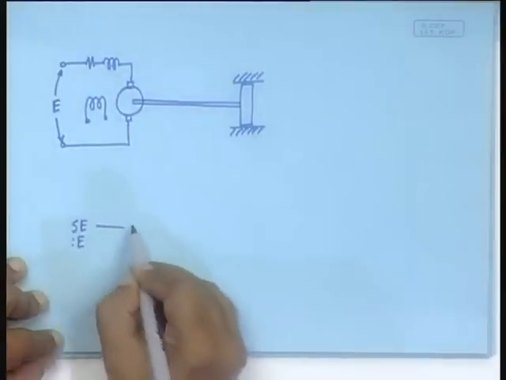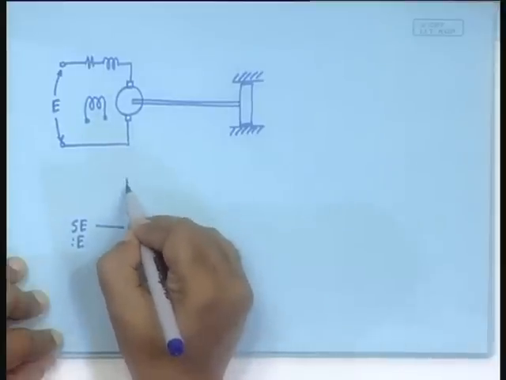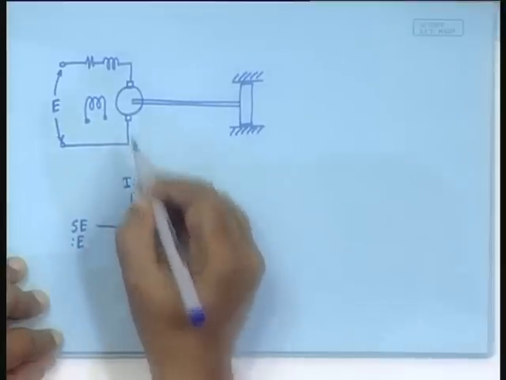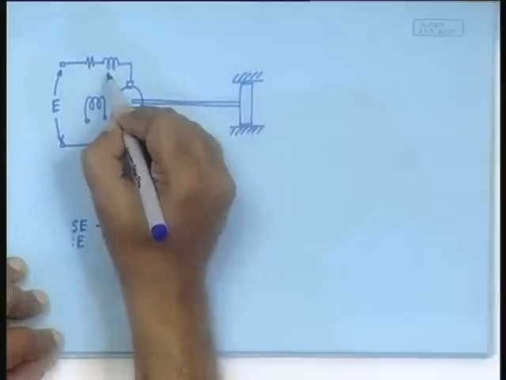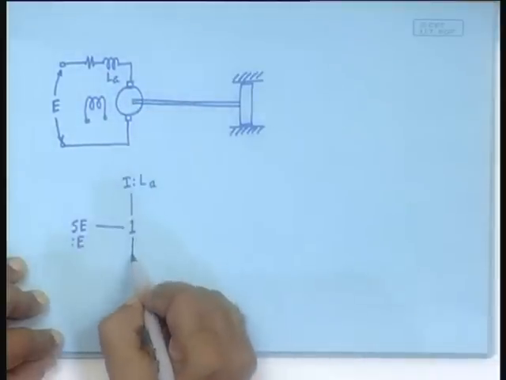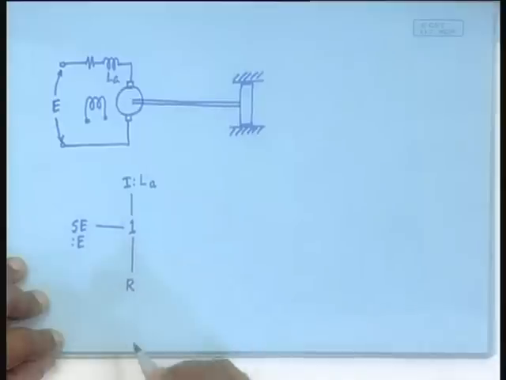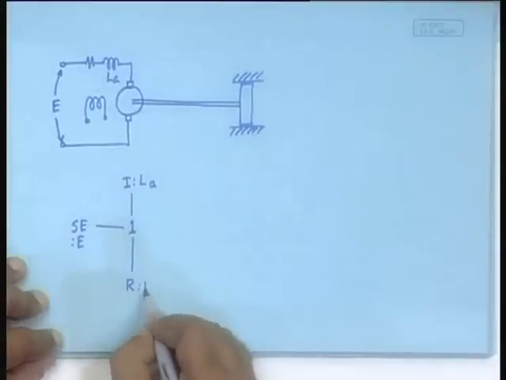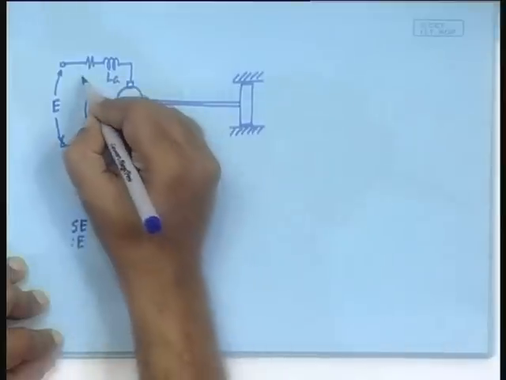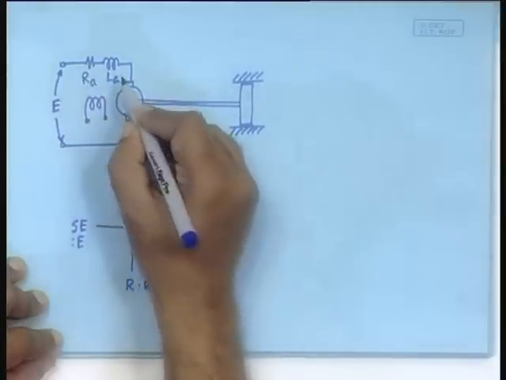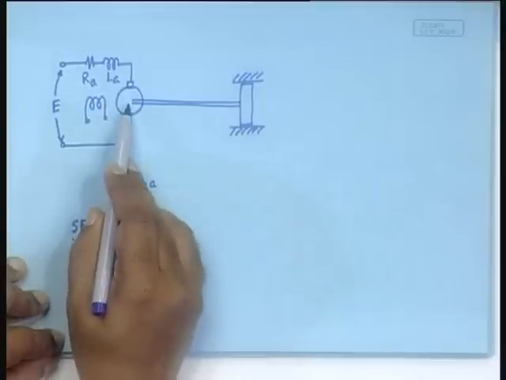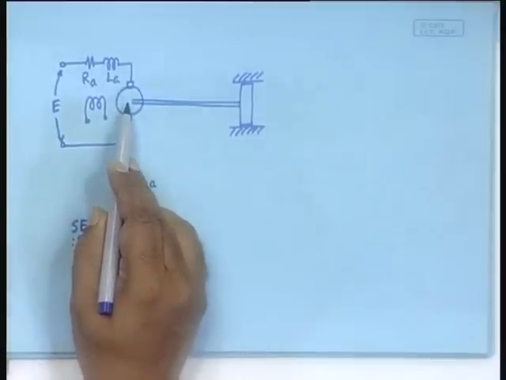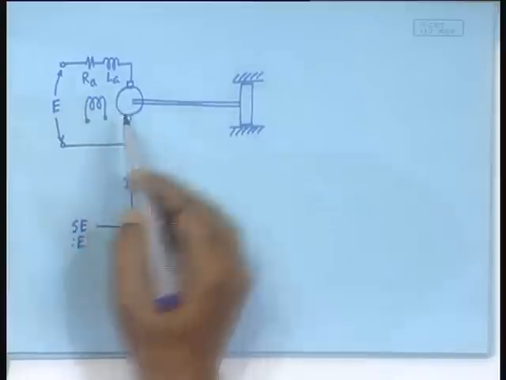So, it is connected with one junction to the I element, which is armature inductance L A, and to an R element, which is R A, armature resistance. The armature inductance and resistance share the same effort with whatever is here.